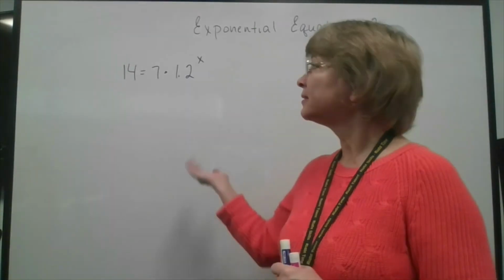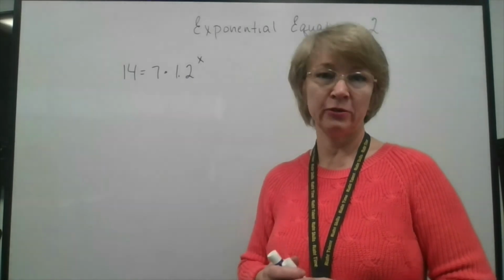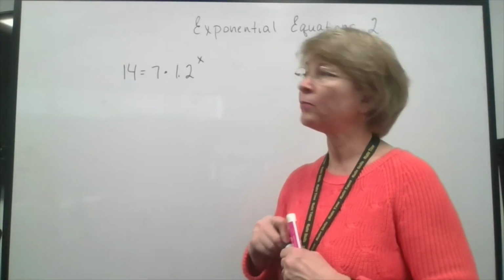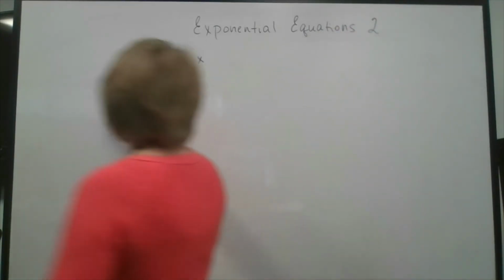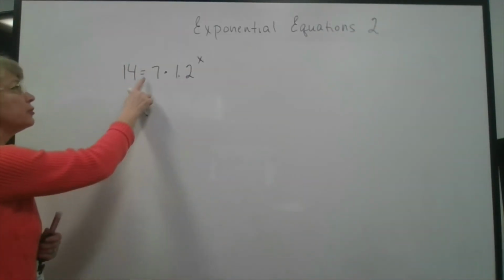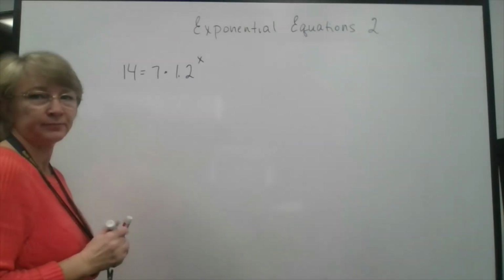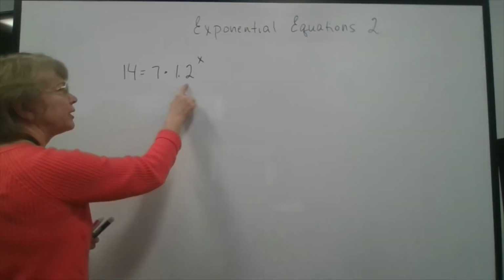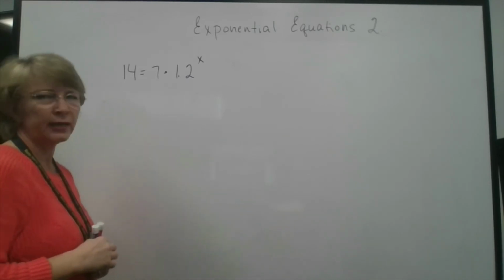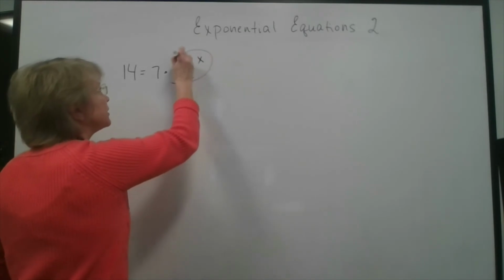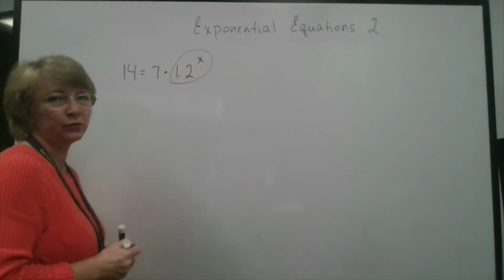Okay, and finally, this is the last equation in this video. And this equation, you probably saw it already in your homework. We have 14 is equal to 7 times 1.2 to the power x. Again, we have two numbers here. We don't like it. We want to have the base to the exponent by itself on one side.